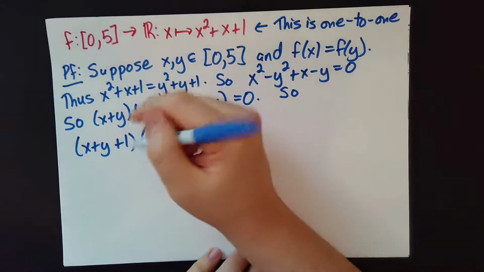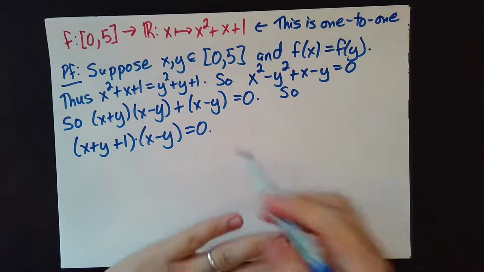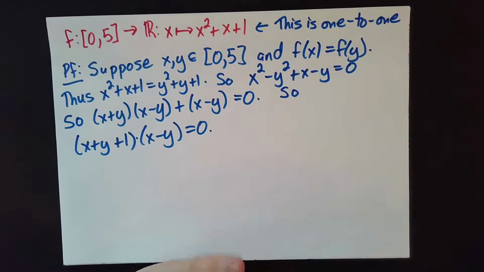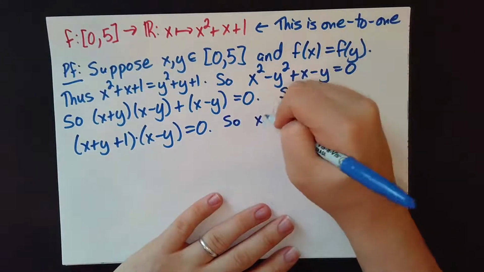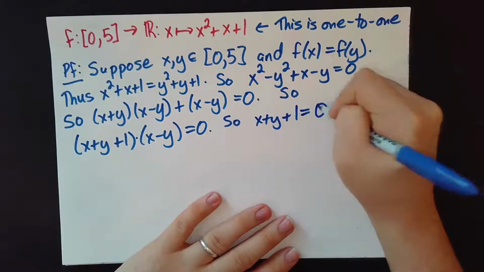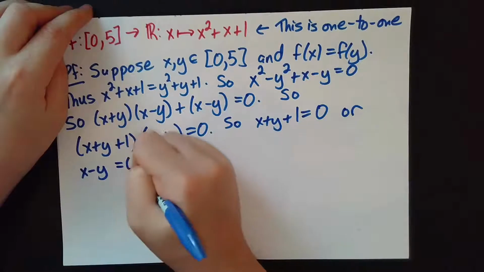And so now that I have a product being equal to 0, as I always say, all the way back to calculus, once I have a product equal to 0, I'm happy because I can split it up into an OR statement. So x plus y plus 1 equals 0, or x minus y equals 0.